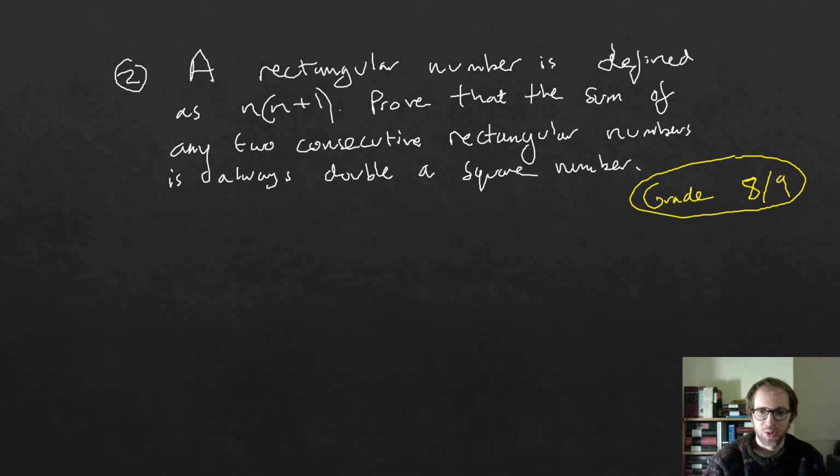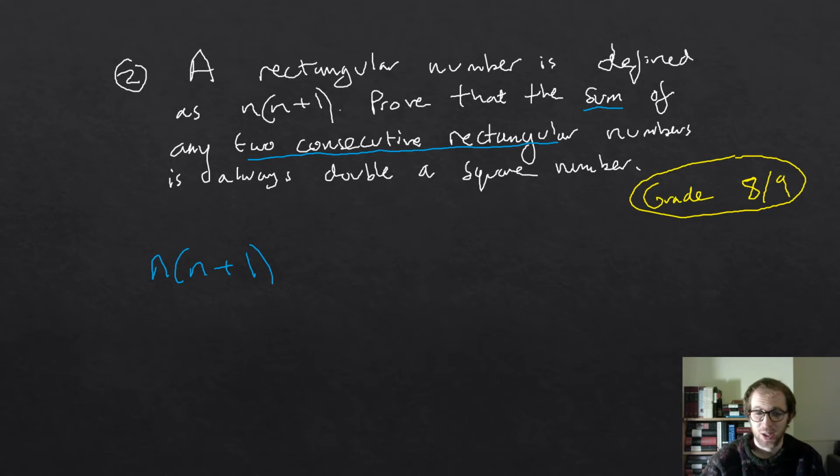Well, again, we do the same thing. We're looking at the sum, and we're looking at consecutive rectangular numbers. So how do we write out consecutive rectangular numbers? Well, we know what the first one is, because we see that it's n(n plus 1). But in this case, it's not so obvious, as in the previous question where I just added 2 each time.